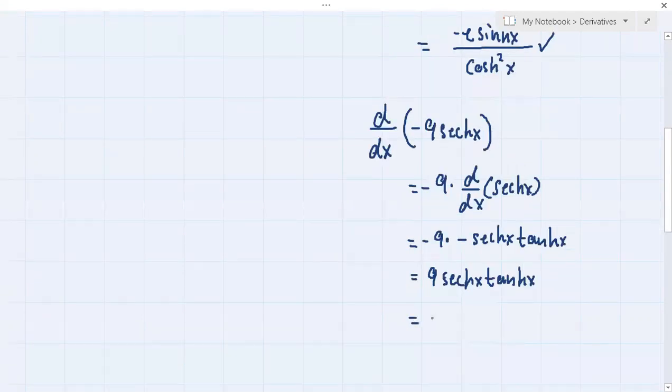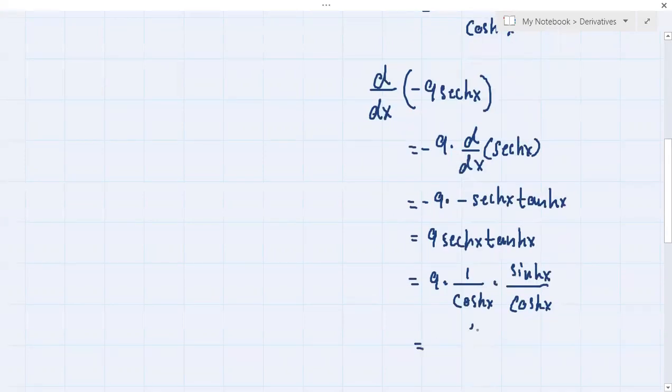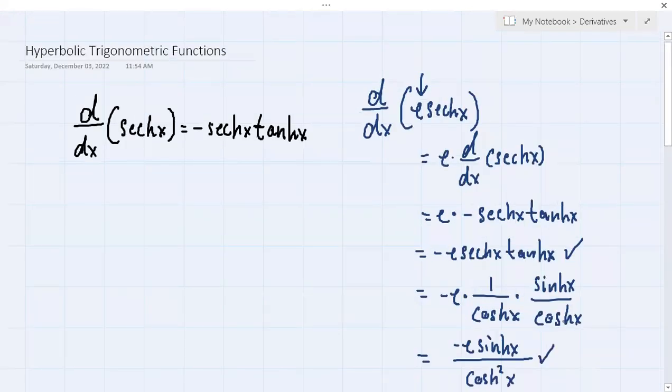Or, you can just simply have 9 times 1 all over cosine hx times sine hx all over cosine hx. So if we're going to multiply them together, ganito yung magiging resulta niya. 9 times sine hx all over cosine h squared of x. So, parehas naman silang tama. So yeah, overall, ang derivative ng secant hx is negative secant hx times tangent hx.